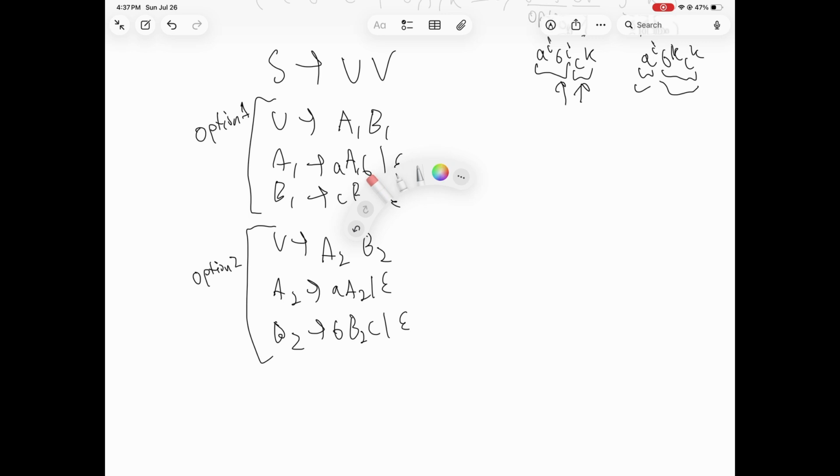Another mistake that, at least I commonly tend to make, which is why I made it here, is notice how I put UV on the top, concatenated. We need to pay special attention to the fact it's U or V. We're choosing the paths. We're not concatenating them. I don't remember if I made this mistake on a quiz.